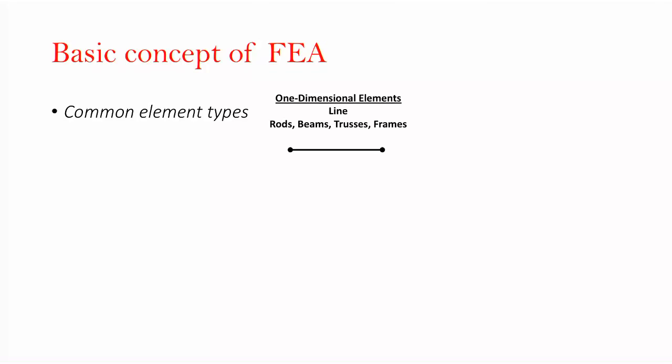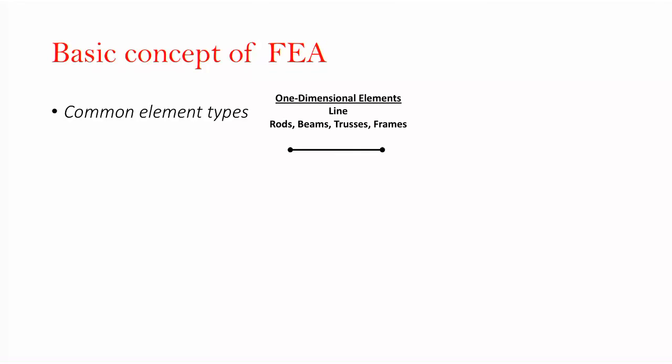There are different common types of elements, and it's very important to know all of them. There are so many people in industry who know how to use commercial finite element software like Abaqus, ANSYS, or COMSOL, but they don't have a deep understanding of how to choose what type of element for each analysis.